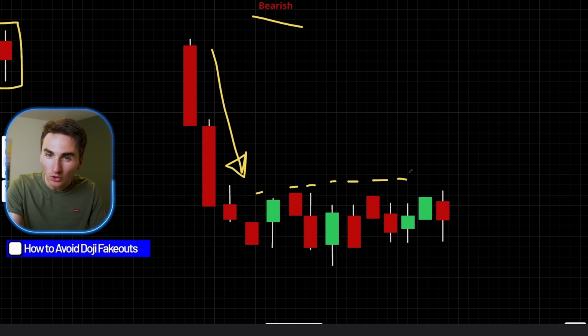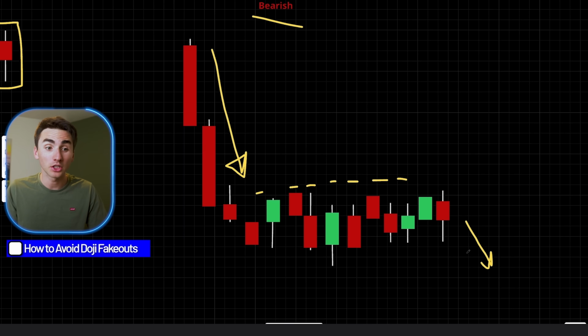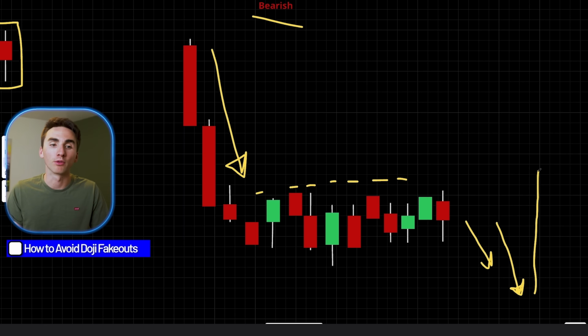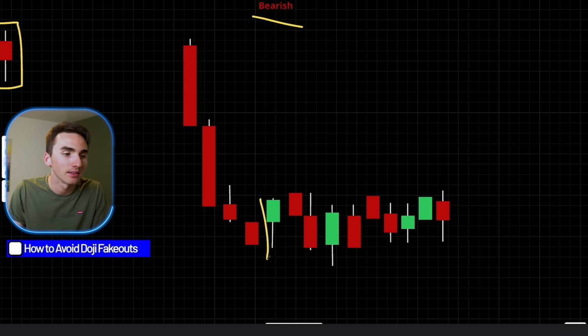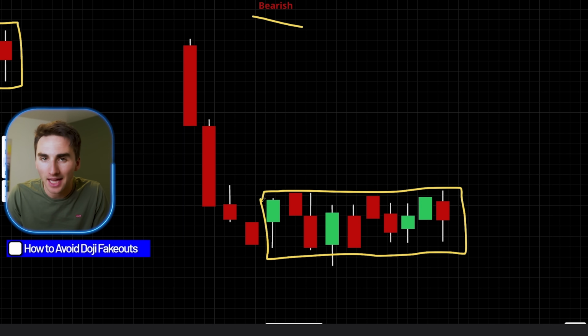And the key to knowing if this is really going to continue, or it could do what I call a failed breakout, where it attempts to break lower and the market actually reverses, trapping people and making this pattern cause a false signal, is when you start to get a lot of dojis stacking up.